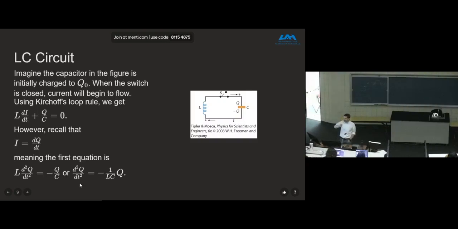The second derivative is equal to the function itself multiplied by a constant, and that constant is minus 1 over LC.